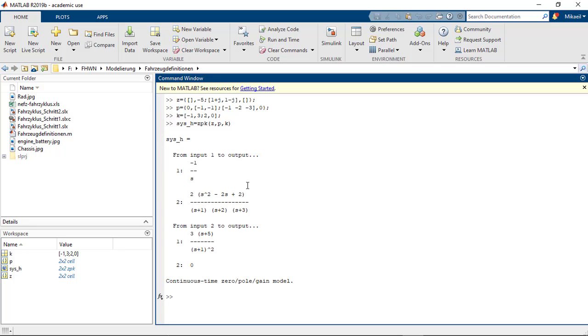As you see, we got 4 separated transfer functions: from input 1 to output 1, h11, from input 1 to output 2, h21, from input 2 to output 1, h12, and from input 2 to output 2, h22.